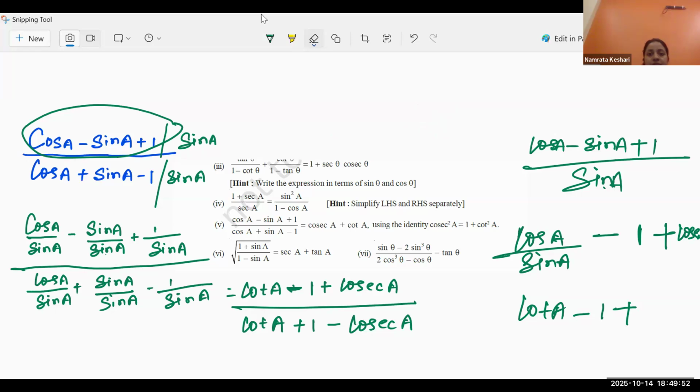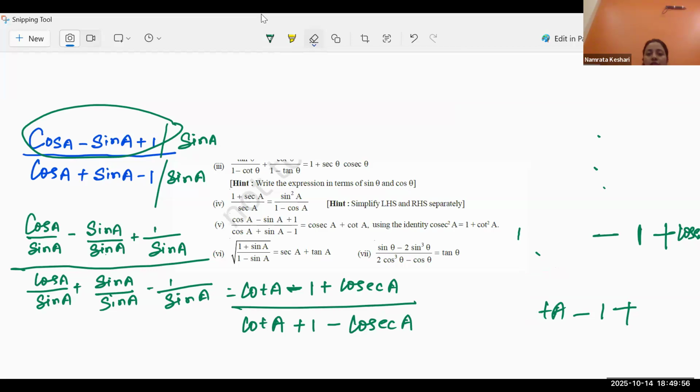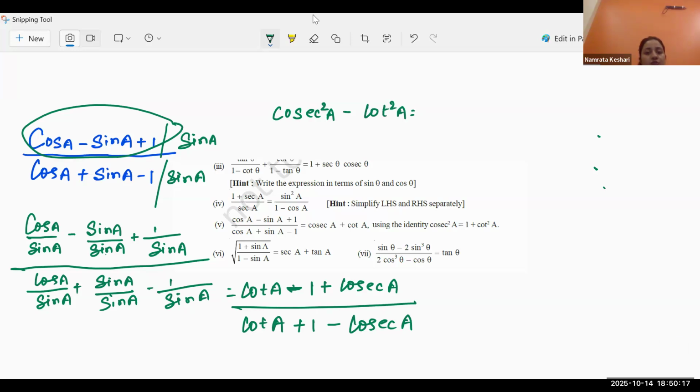Yes, ma'am. Okay. Now what can we do over here? This is the trick which we are going to use over here. We will be using the identity of cosec and cot. The identity which you have learned was cosec square theta minus cot square theta is equal to 1.